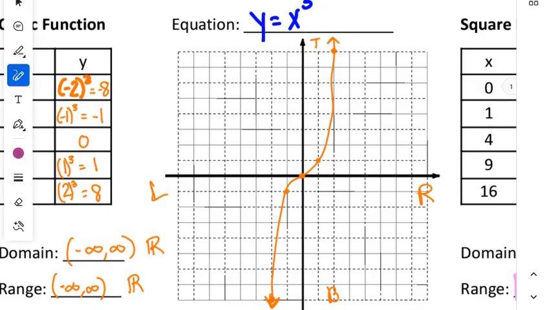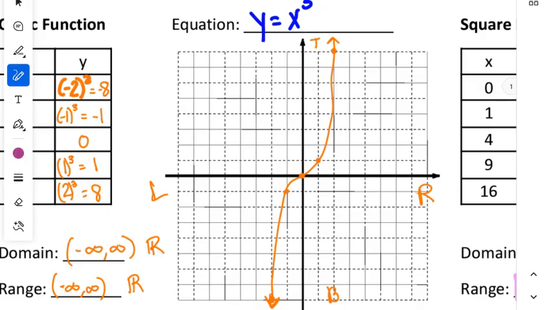No, not a parabola. -8, -2 right there. -1, -1 right there. It's a weird looking graph. 1, 1, 8, 2. So it is actually the same thing, just turned sideways.